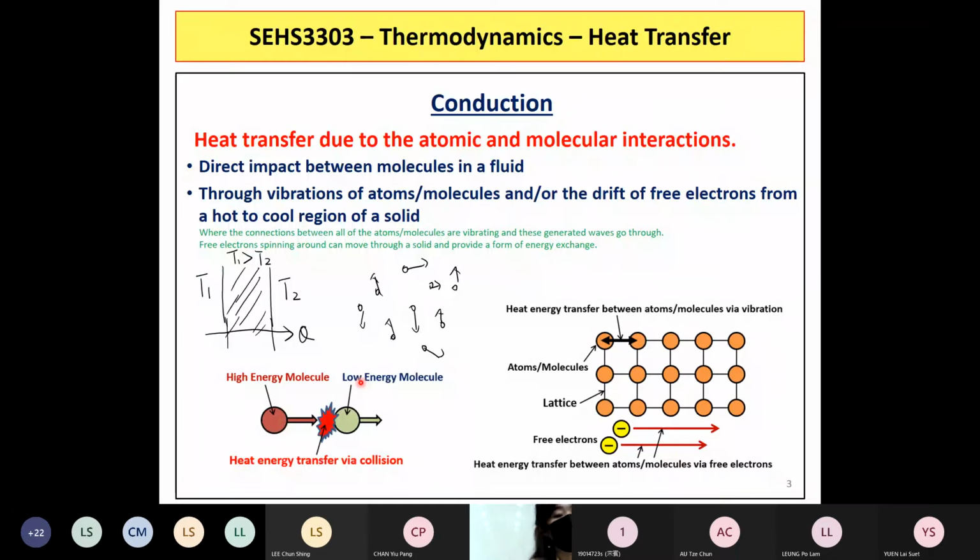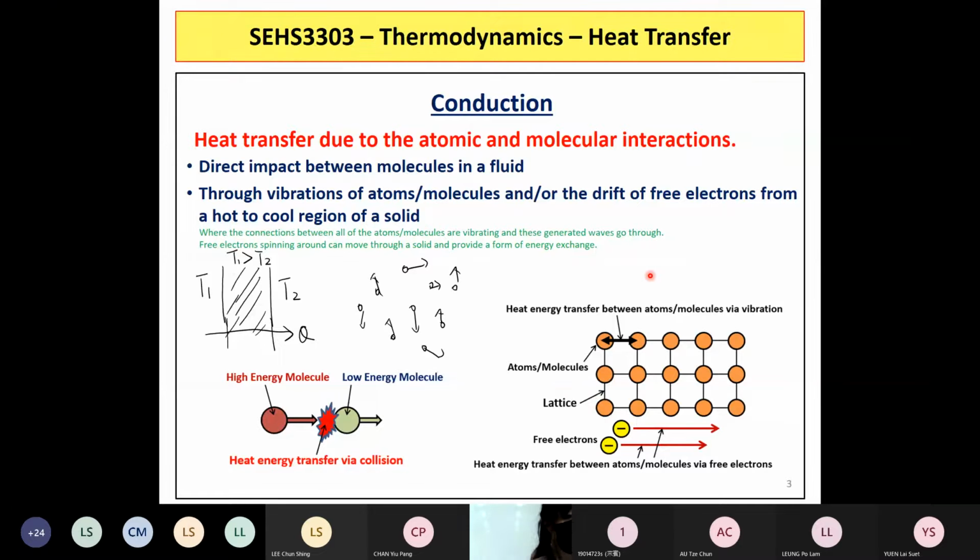But in a solid, it is not the case. In a solid, we have a much more regular form for molecules. They are connected together by a lattice. The connection between these molecules, we call it a lattice.